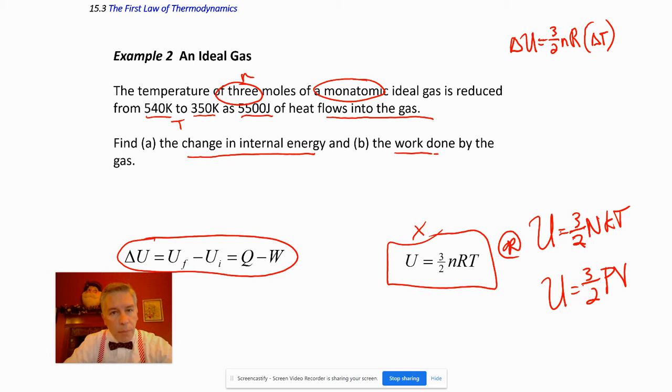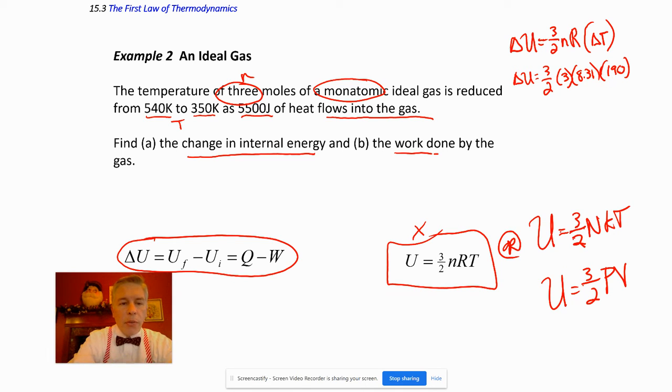Because we're not changing the number of moles, in sealed containers, the internal energy changes when we change the temperature of something. So our change in internal energy would be 3/2 times the number of moles, which is 3, times the ideal gas law constant, 8.31, times our change in temperature, going from 540 down to 350, so that would be 190 Kelvin.